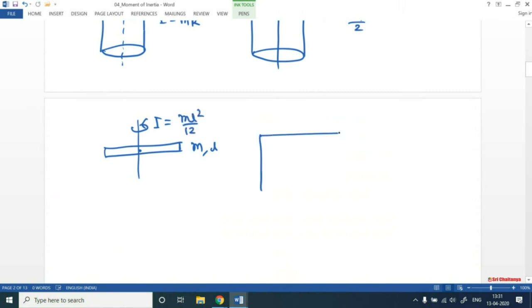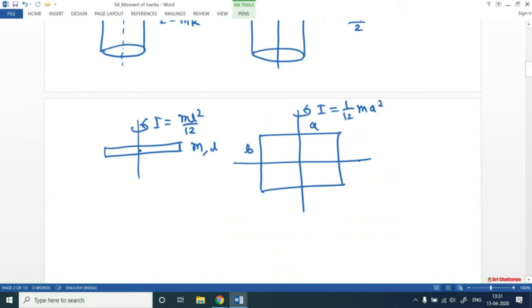If we have a rectangular lamina, let's say this side is A and this side is B. The moment of inertia about this side would be 1 by 12 ma square, the moment of inertia about this side would be 1 by 12 mb square, and the moment of inertia about an axis passing through here would be I is equal to 1 by 12 m times a square plus b square.